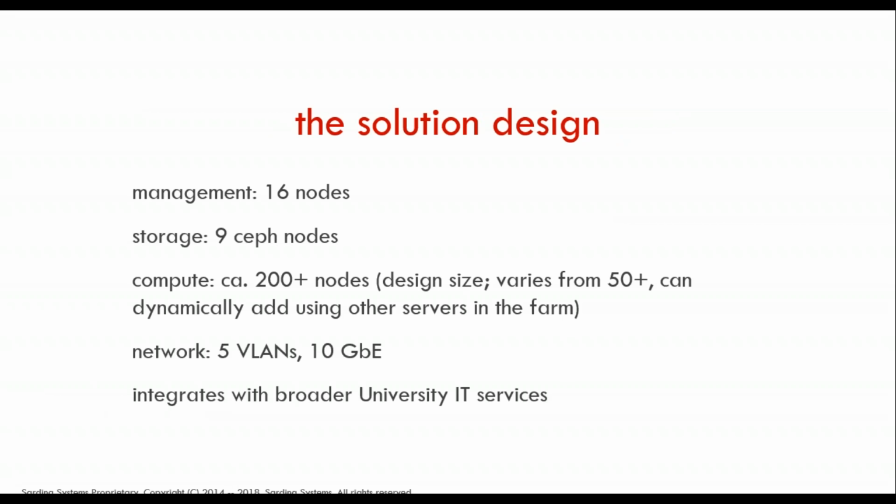So let's look at the solution design a little further. In this situation, for management, there are 16 nodes, storage comprising 9 Ceph nodes, and compute 200 plus nodes design size, and the network is run as 5 VLANs over 10 gigabit Ethernet.